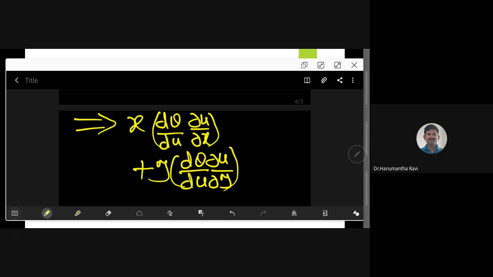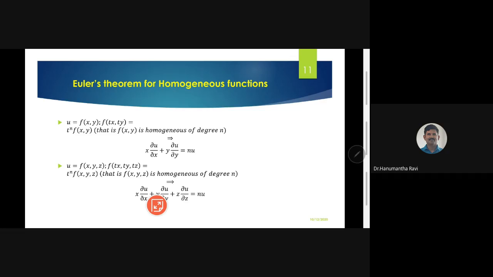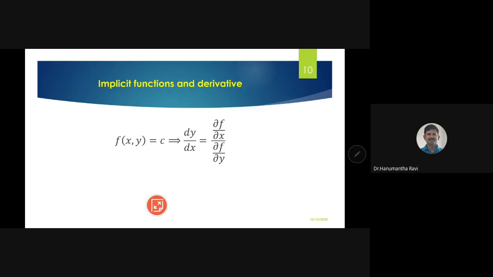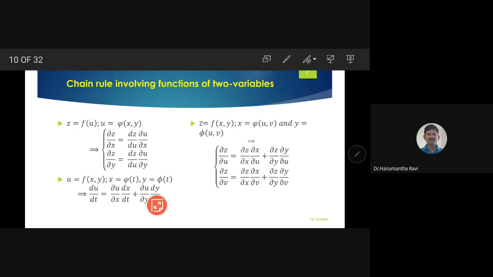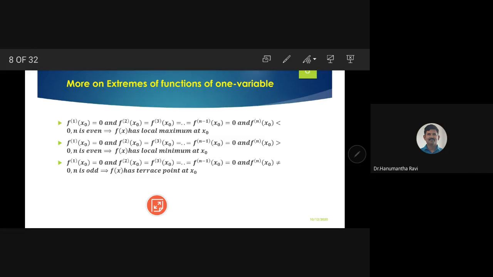This is the chain rule we are applying. See how we got this one? We got this by looking at the first case here. What is that first case? Yeah, the first, I'm sorry.